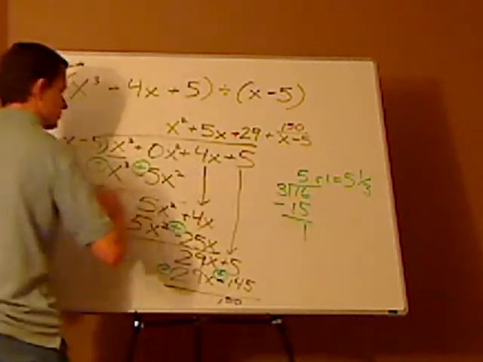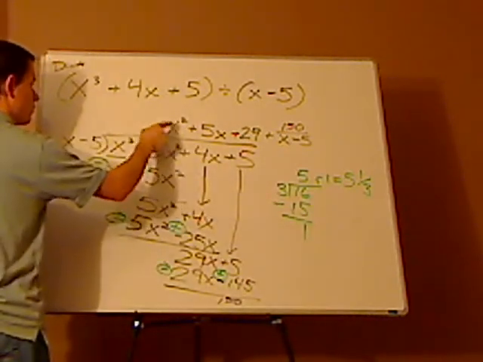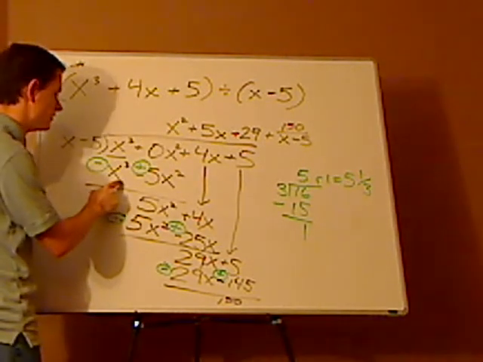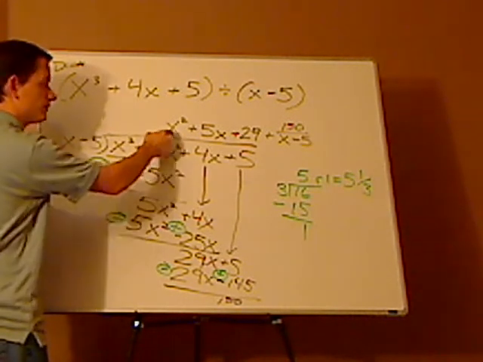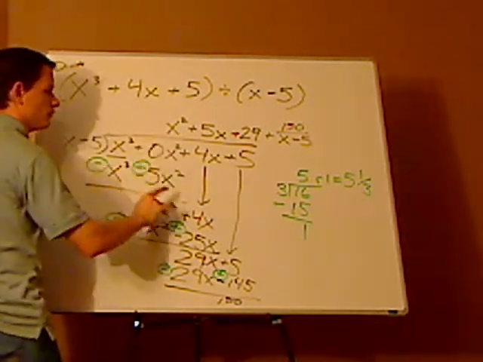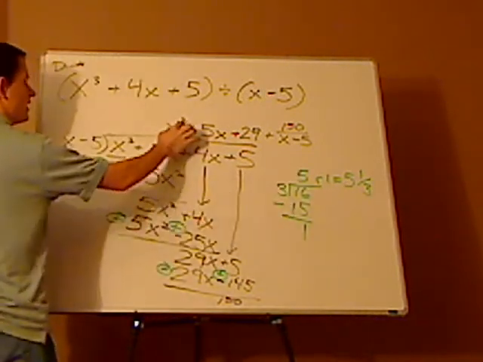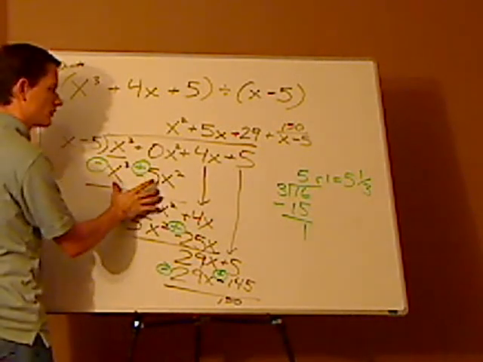And so very similar, you're doing the same thing here. You're asking yourself, what times x will cancel out this x cubed here? It has to be an x squared. And then you multiply, you did 5 times 3, which is 15. So you do the same thing here. X squared times this whole thing gives you this.